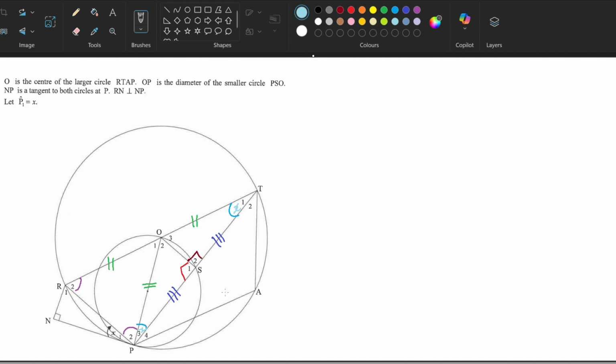Another thing, we know that this is a diameter or a radius, so we can say it's tan rad. Here we are going to have another 90-degree angle, whereby this radius meets this tangent. So angle P1 plus angle P2 is equal to 90 degrees.